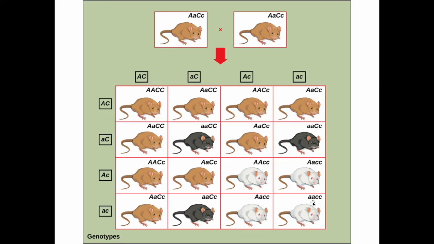Here's a black mouse, it's supposed to be making black pigment, but that black pigment is overridden by the lowercase c. So epistasis is not just two different alleles or multiple alleles, it is multiple genes where one is stronger than the other. So let me read the key terms definition of epistasis here.